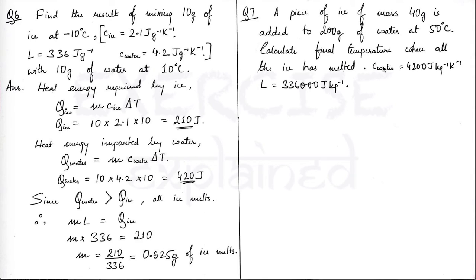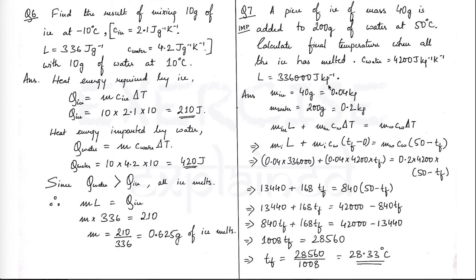Specific heat capacity of water is given as 4200 joules per kg per Kelvin and latent heat is given as 336,000 joules per kg. We convert the mass of ice into kg, so 40 grams divided by 1000 gives us 0.04 kg, and water, that is 200 grams divided by 1000, we get as 0.2 kg.